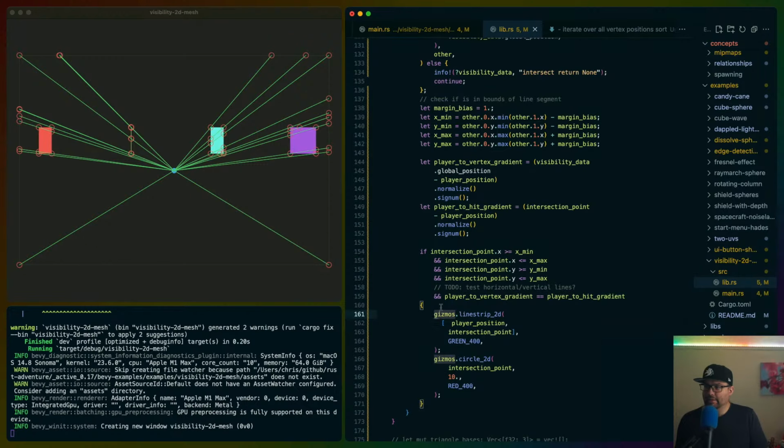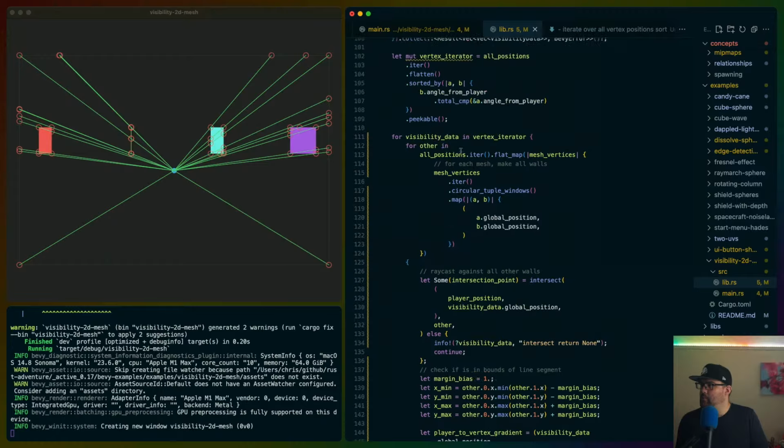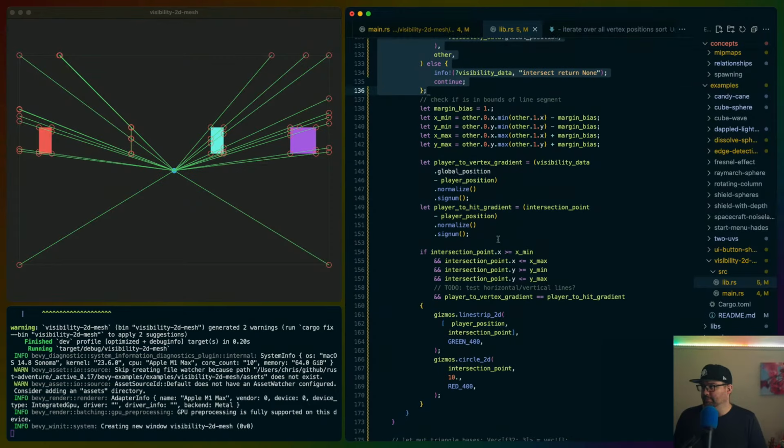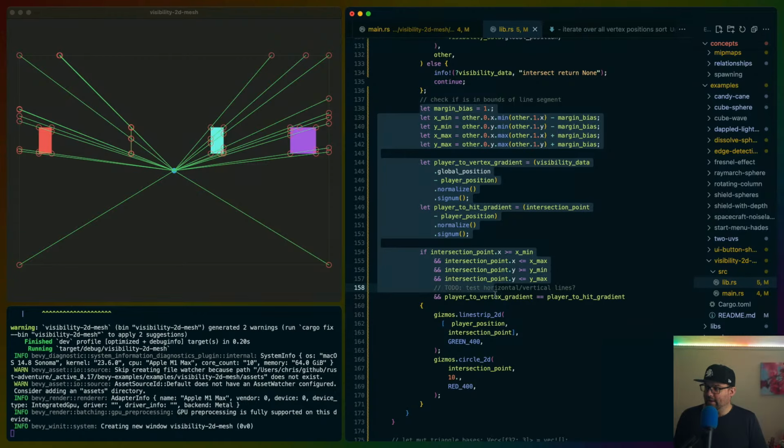So in this case, if we have our raycast and our hit, we're iterating over all vertices, over everything else that we could possibly hit, to find that intersection, to do the bounds checking.